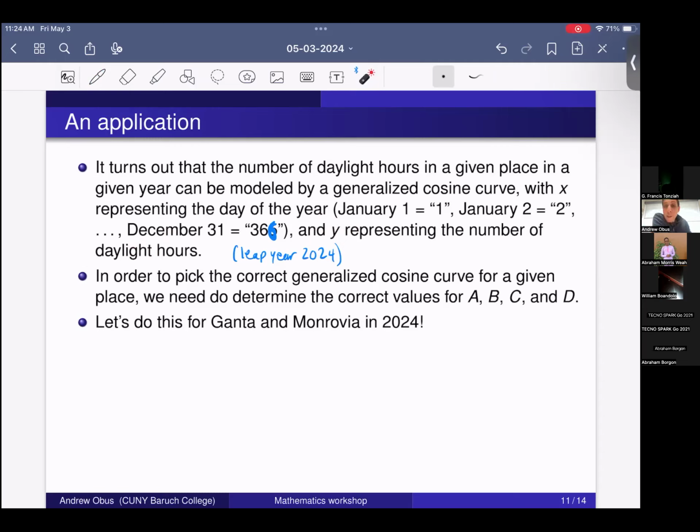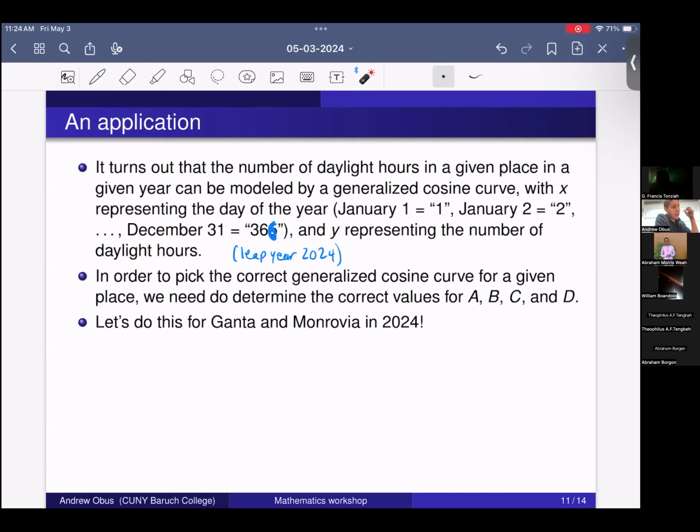But which generalized cosine curve? Well, that depends on where you are. The number of daylight hours in Liberia is going to be different from the number in New York, and the number at the North Pole is going to be different from the number in South Africa.